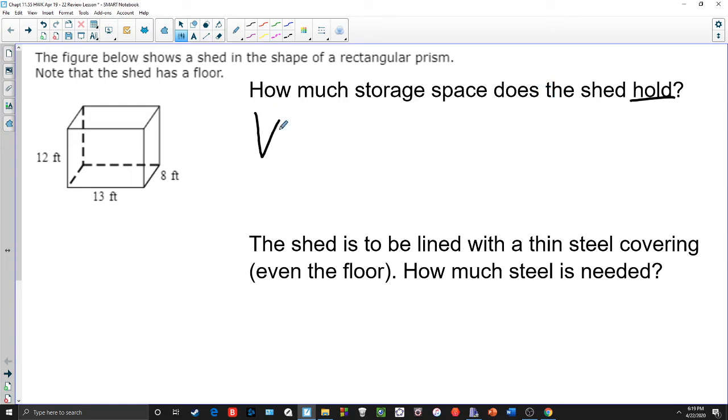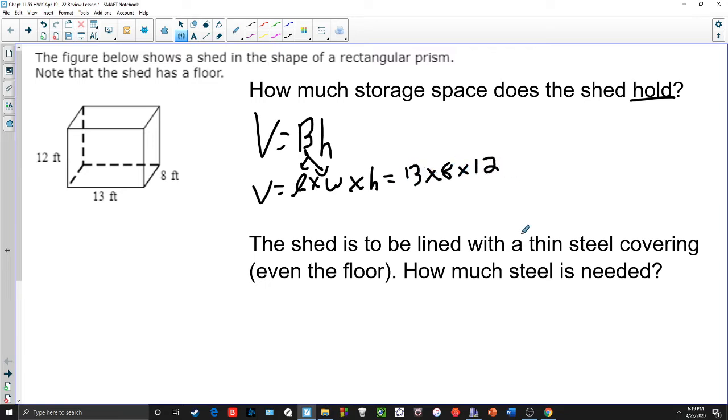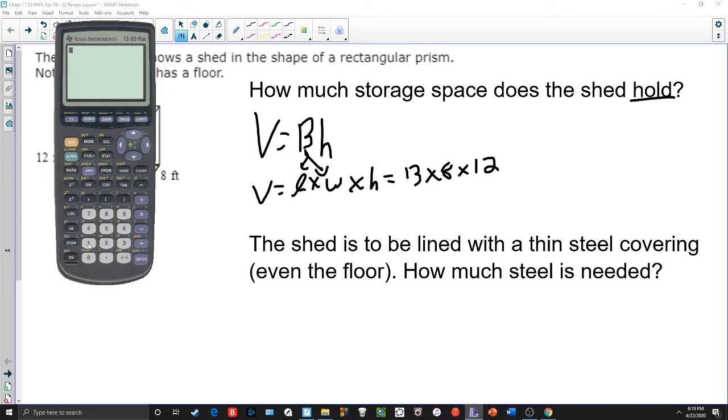So this is a volume formula question, which, if you don't remember, is area of the base times the height for a prism. Since it's a rectangular prism, we know that the area of the base, capital B, is just length times width, because the base is a rectangle. And then we times it by the height. So it'd be 13 times 8 times 12, and we get 1248.